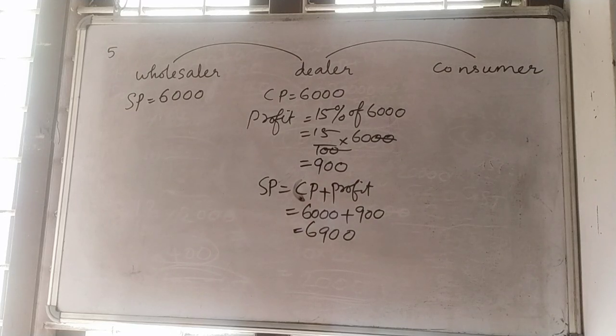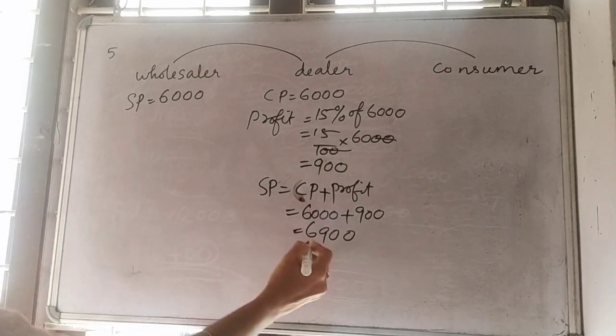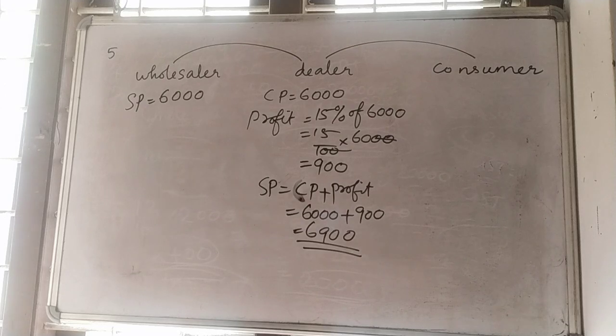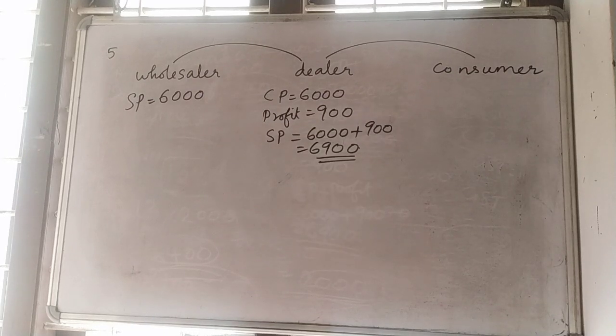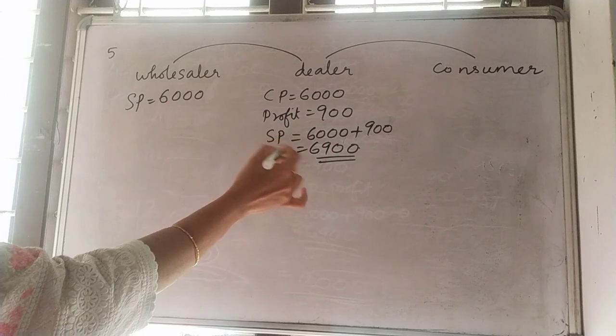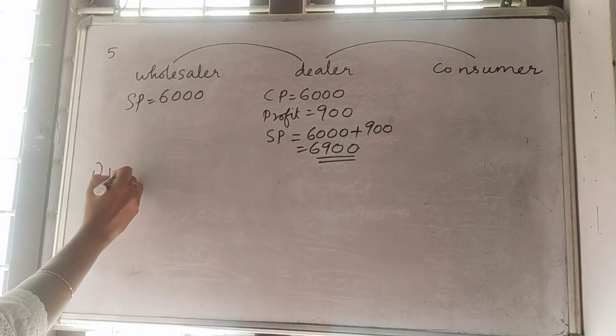Input CGST will be 9% of 6,000, and input SGST also will be 9% of 6,000. And output will be what? This selling price is 6,900. So output SGST and CGST will be 9% of 6,900. So CP of the dealer is 6,000, profit is 900, so SP is 6,900.